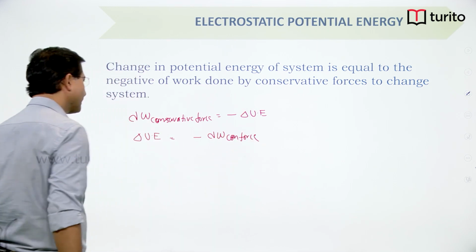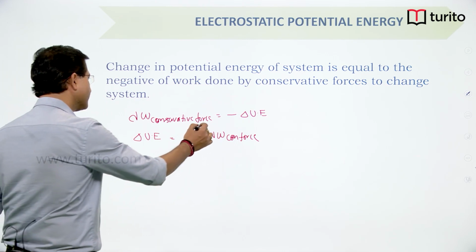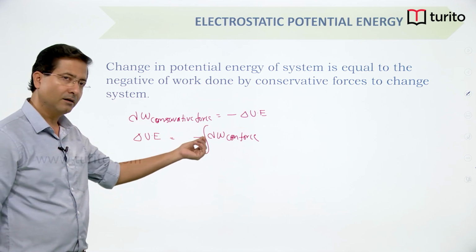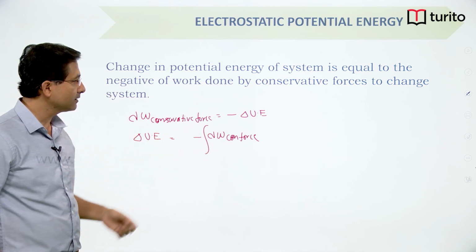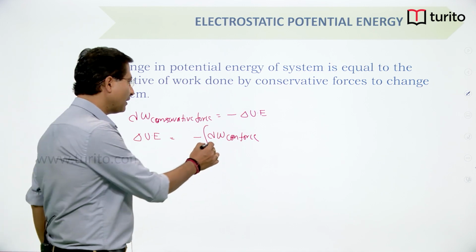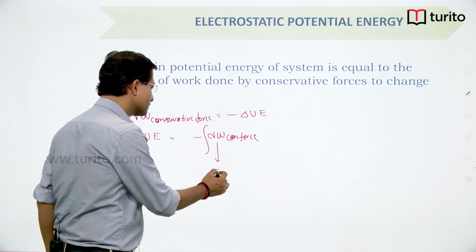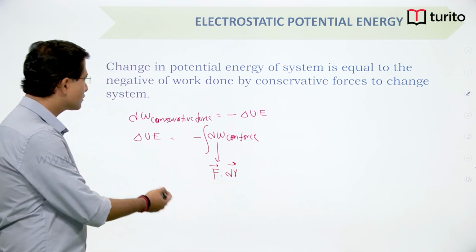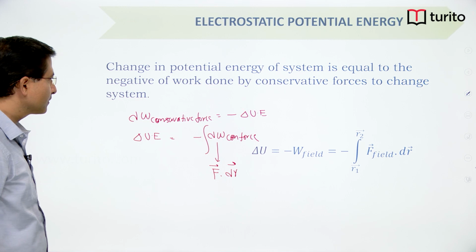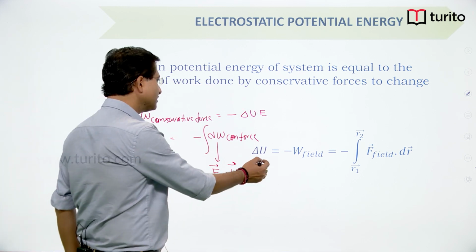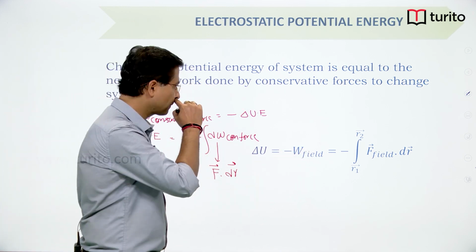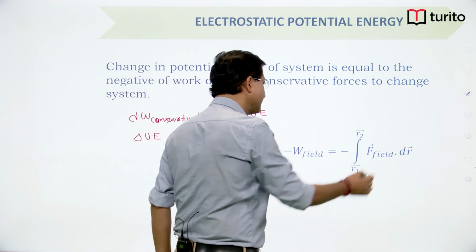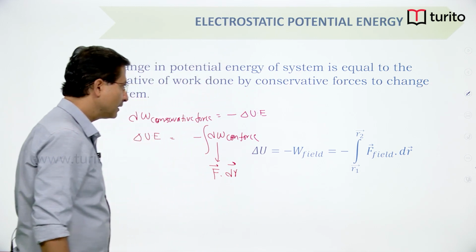And we know the definition of work. If I integrate this, then I will get the change in potential energy. Work is nothing but force dot displacement. So, simplifying this will give me the expression: change in potential energy is equal to negative of work done by field. Work done by field can be written as force by field dot dr.